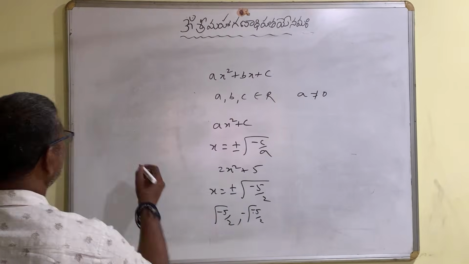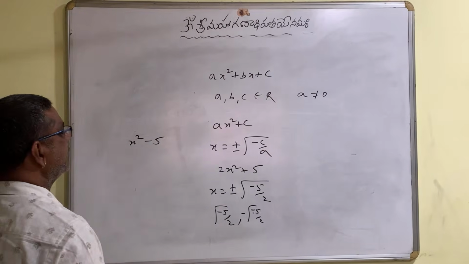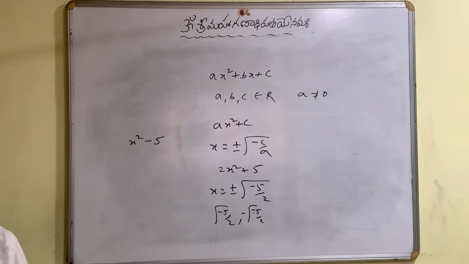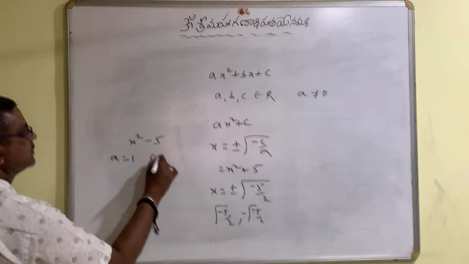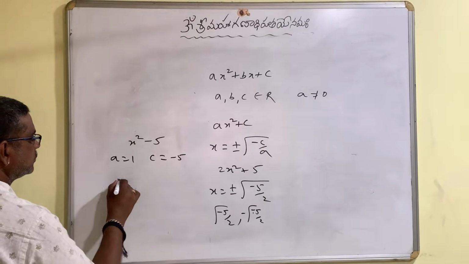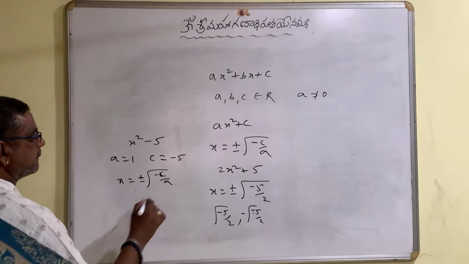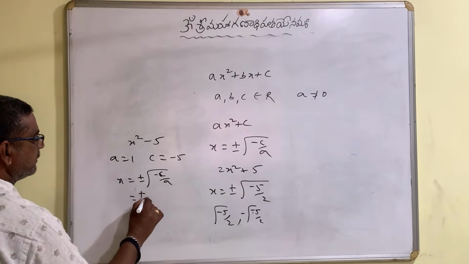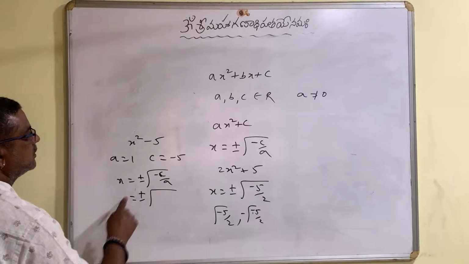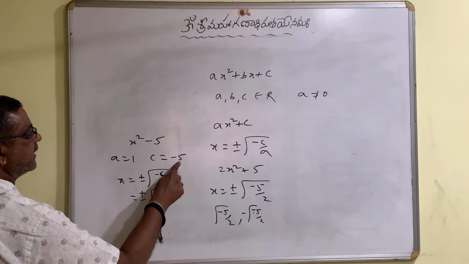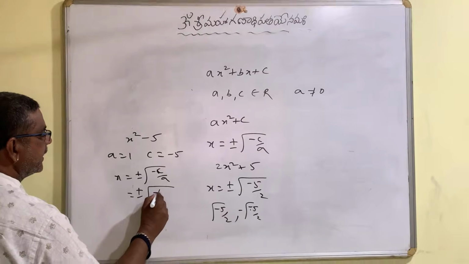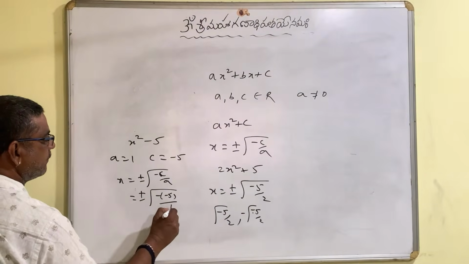Take another one: x square minus 5. Here a is 1, c is negative 5. So x is equal to plus or minus root over minus c by a. C is negative 5, so minus c is negative of negative 5 by a, which is 1.